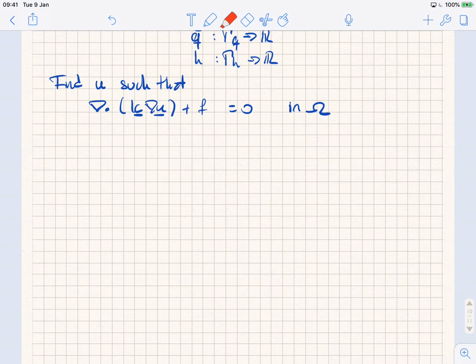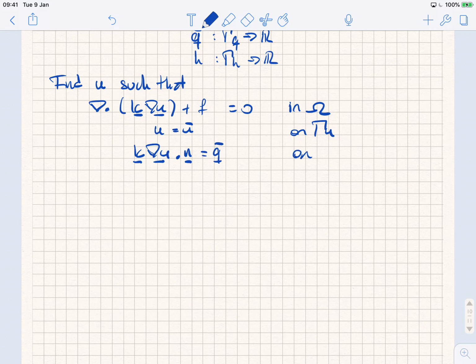That is, of course, not yet the full strong form. We need the boundary conditions. So we need u equal to u bar on gamma u. And this is what I was telling you right now. If we take k and dot that with grad u, this whole expression is a vector, but it is dotted with a normal to that boundary, and that gives you back the heat flux, right?